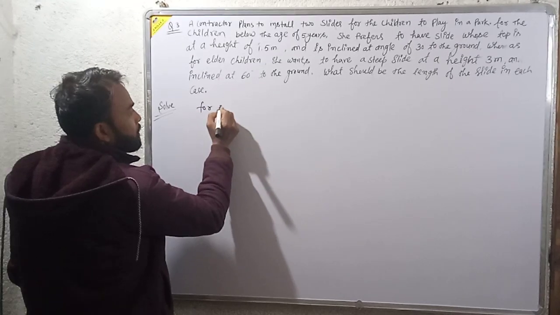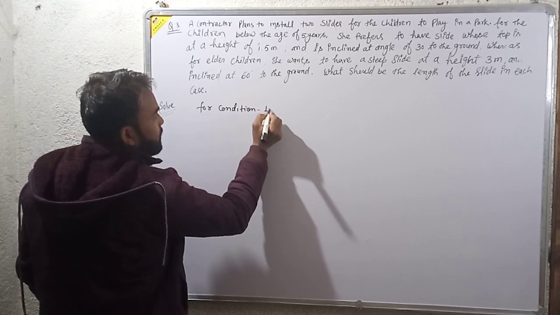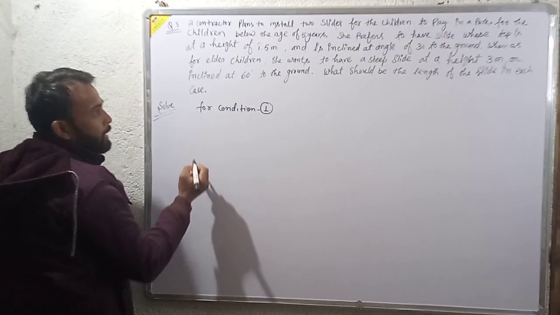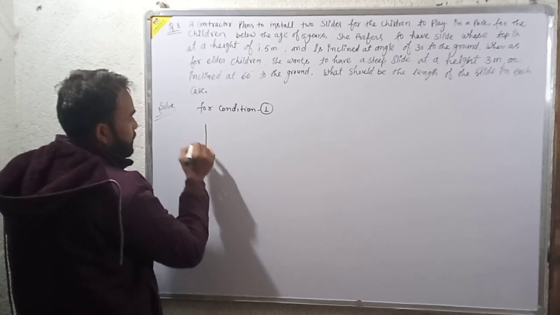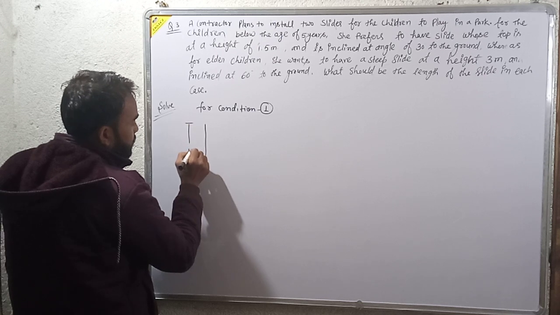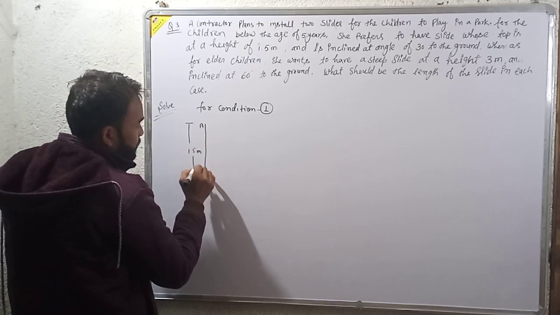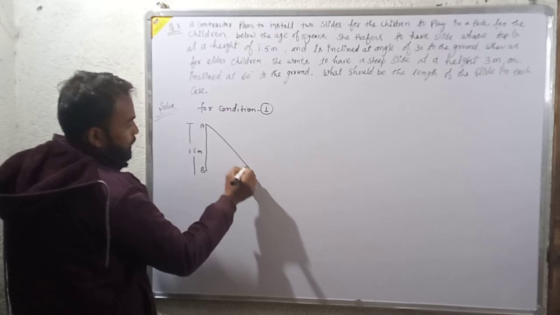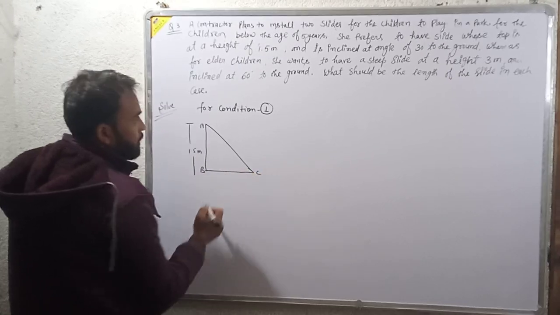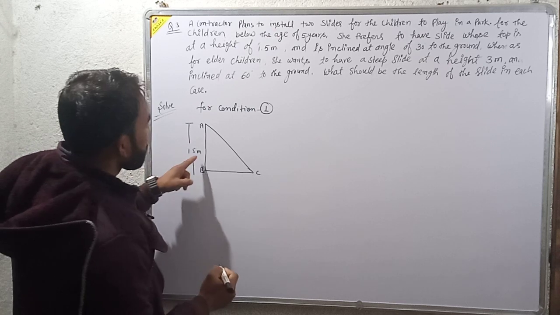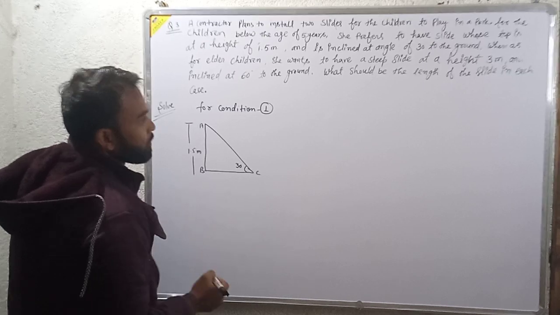Let us suppose AB is the height, this is 1.5 meter, and AC is the slide. Clear? It is given that the height is 1.5 meter and the angle of elevation is 30 degrees.